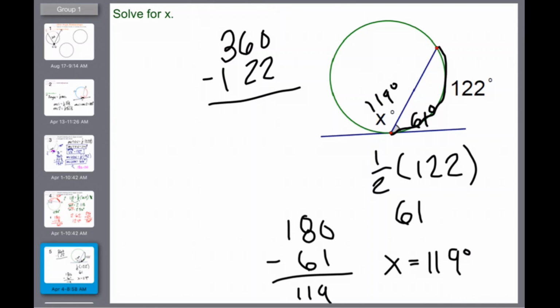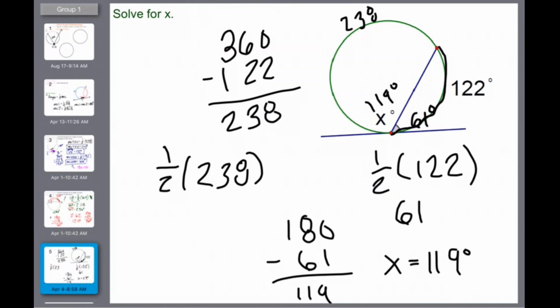So if we subtract that, that's going to give us 238 for this big arc right here. And then half of 238 is 119. So you can do it either way, both will get you the exact same answer.